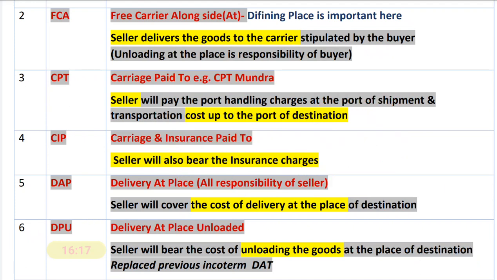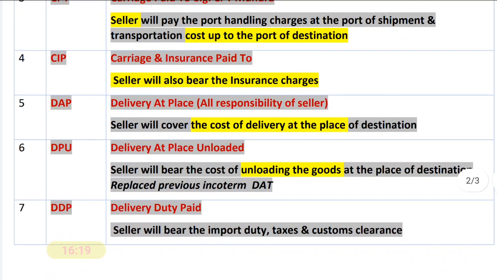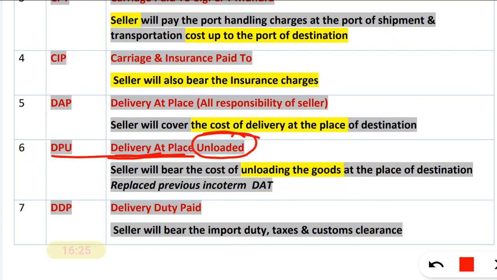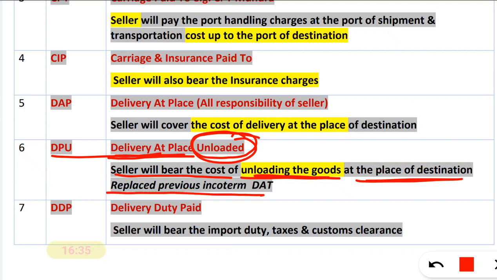Okay, very easy. Now DPU stands for delivery at place unloaded. Delivery at place unloaded means the seller will bear the cost of unloading of the goods at the place of destination. This is the term which previously was familiar by the name DAT. Now DAT is replaced by DPU.